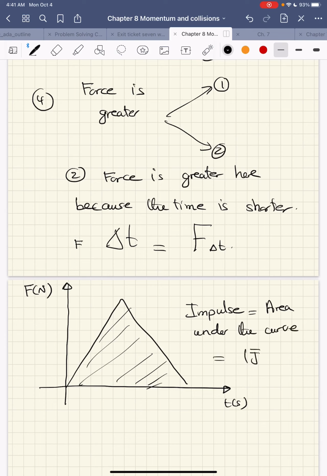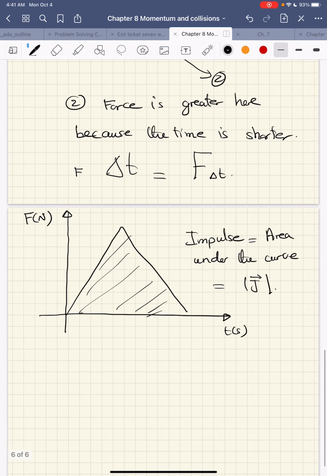By the way, impulse, we call it J. Now I can easily here, let's say this is 13 newtons, and this is, let's say, 9 seconds, and this is 18 seconds.